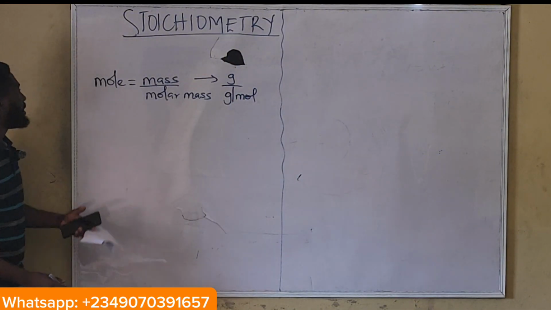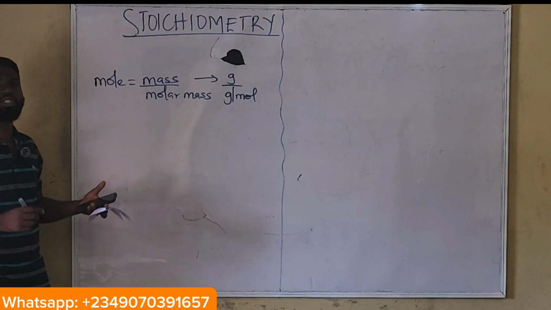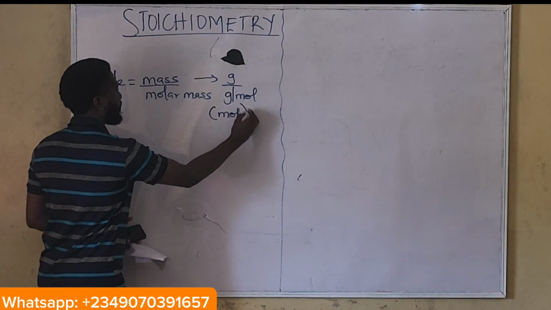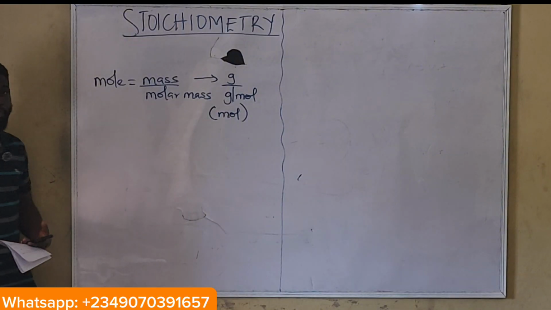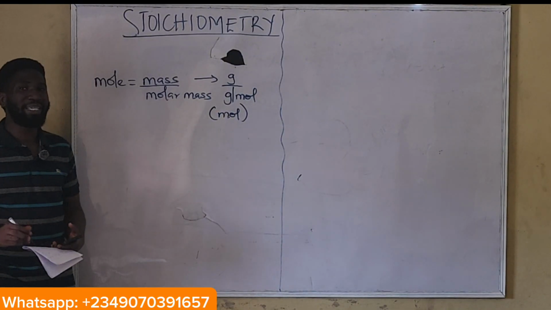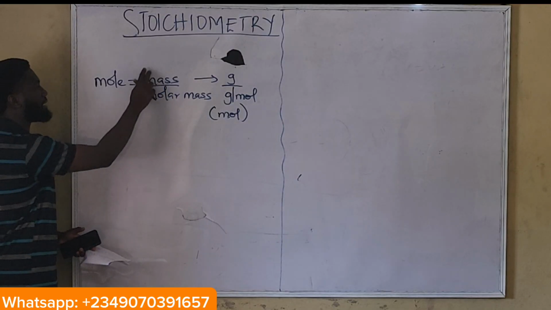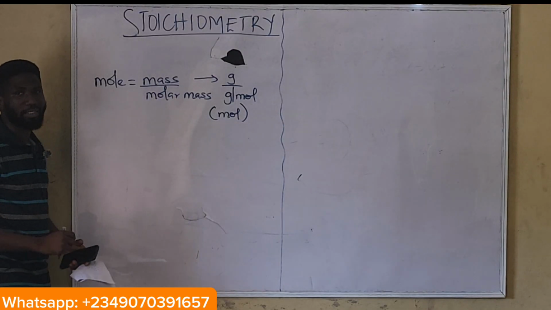So therefore, the unit of mole is going to give us mole. The number 1 formula you need to take note of in answering any question under this topic is mole, which is mass over the molar mass.